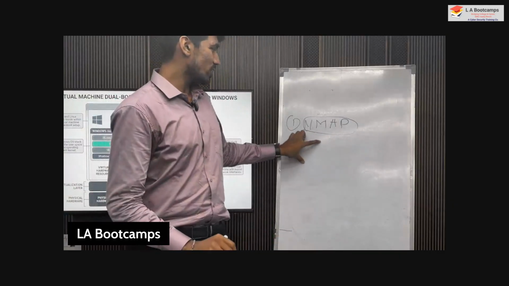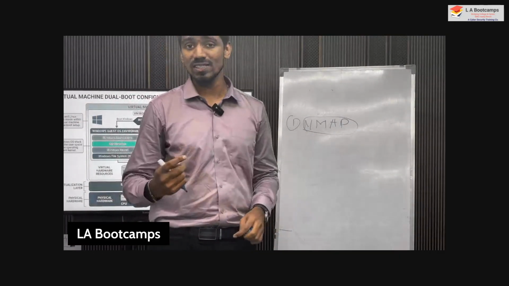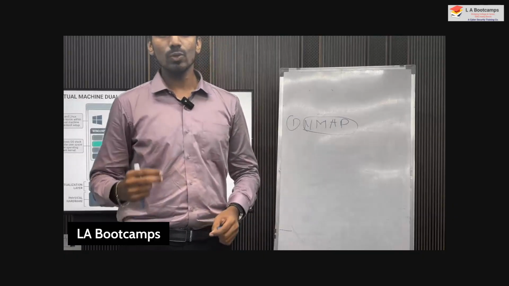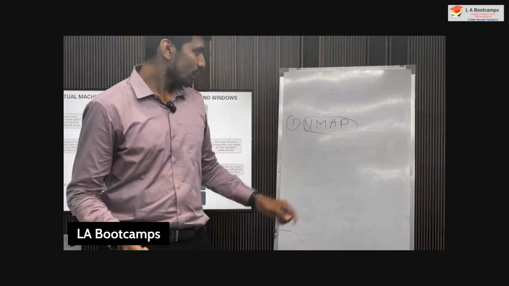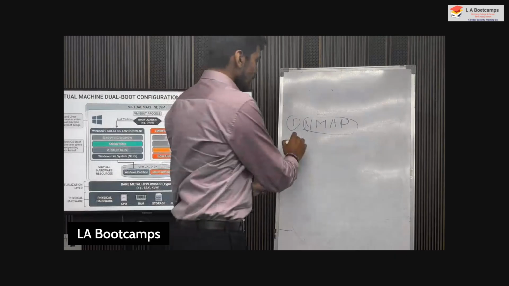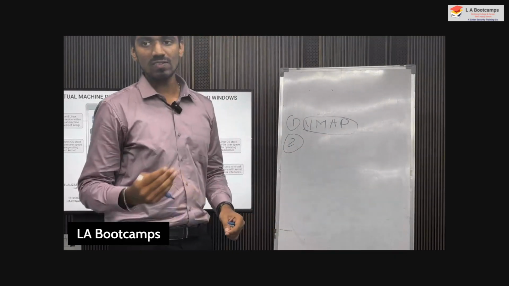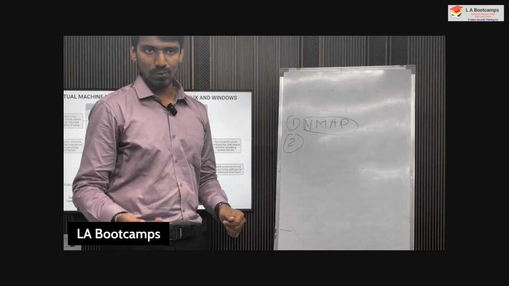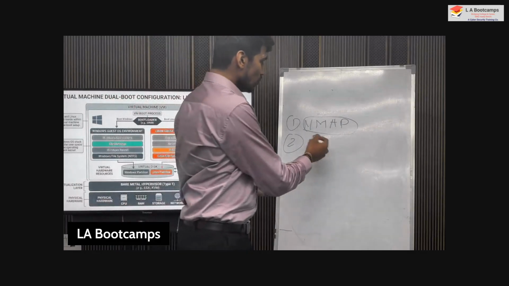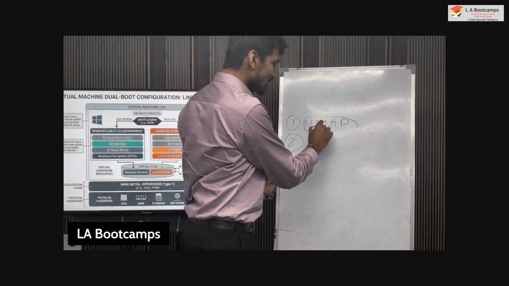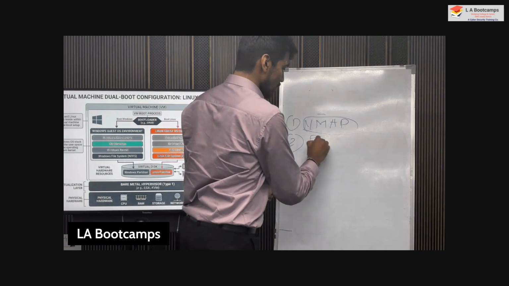So what are ports and protocols? These are particular services which are used on the internet to do the work properly. Second, after scanning, we will get some services, ports and protocols, and we'll try to access those ports and protocols.